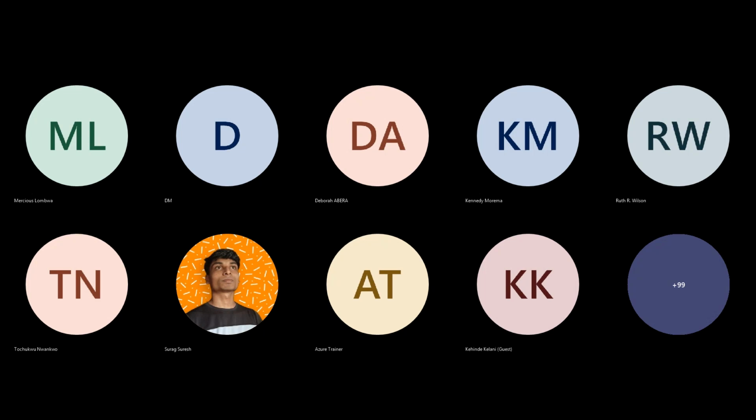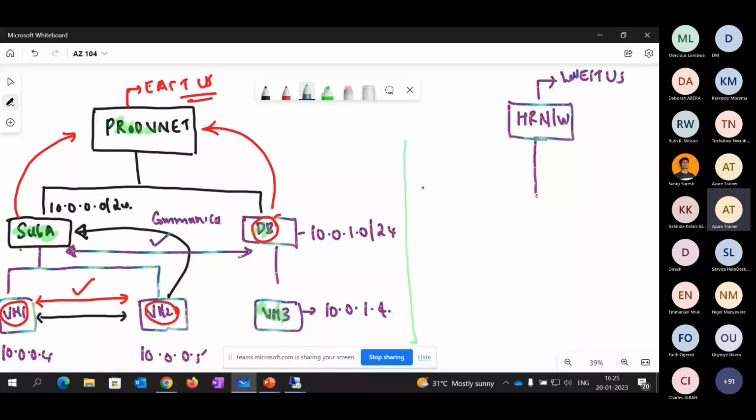Right now you can see you have an HR VNet created here. Inside the HR VNet, you created an HR network. Inside that, you created subnet C, and inside that, you created VM4 here.